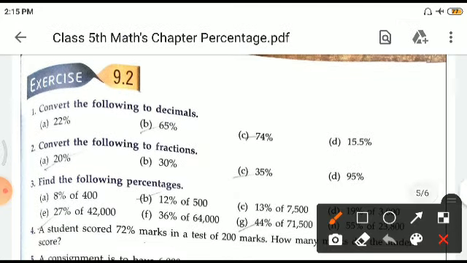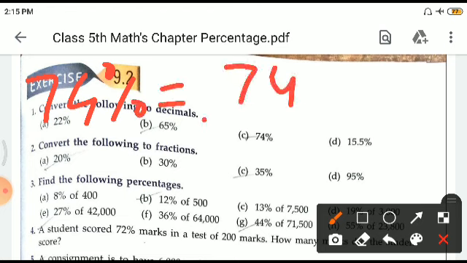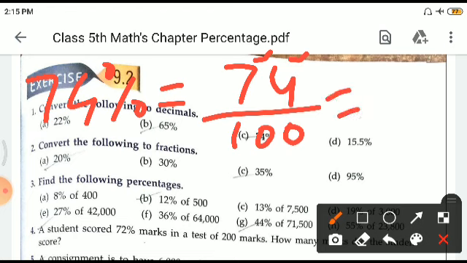Now see, children, firstly 74% is equal to 74 by 100, right? See, in 74 the units digit is 4, the tens digit is 7, but there is no hundreds, and in the denominator we have 100. So what we will do is put a decimal at the hundreds place, .74.